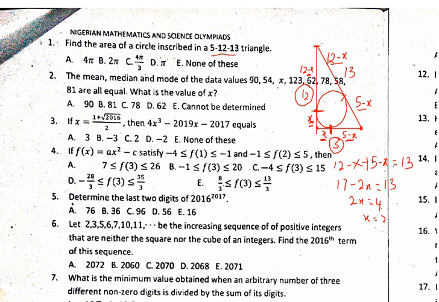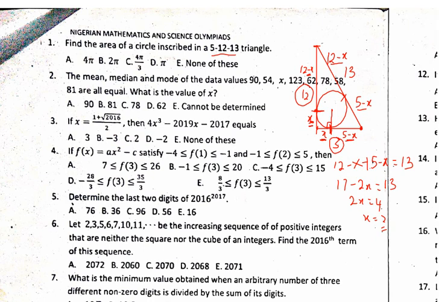Alright, so if x equals 2, we also need the center. The center is somewhere here. There's also a theorem that says the radius of a circle at the point of contact is perpendicular to the tangent at the point of contact.